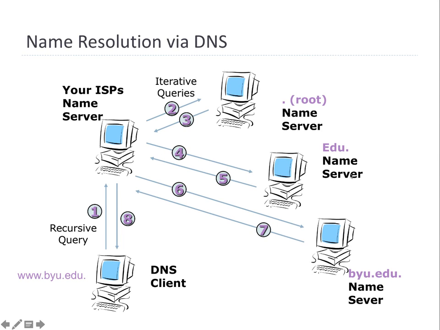Having found that, you can now go to the .edu name server, which can look up your domain name that you're looking for, such as BYU, and so the edu top level domain servers will know where the BYU name servers are, and so the next step is it'll go there. So there's a multi-step process before it finds the IP address of the name server that knows of where BYU websites are. So similar for any .com address or something like that.